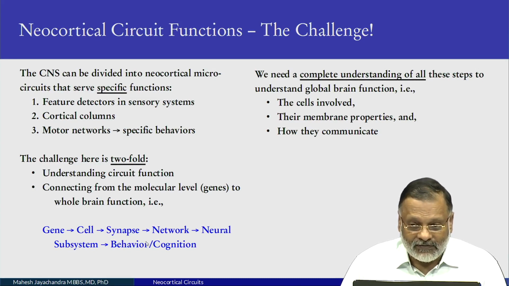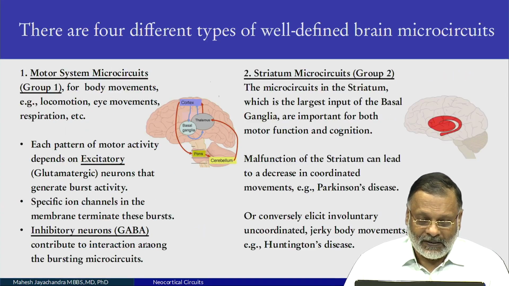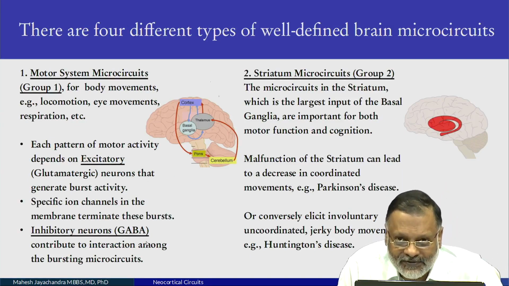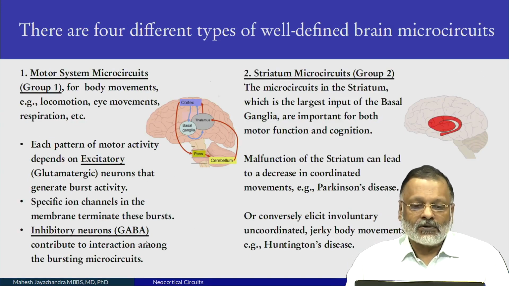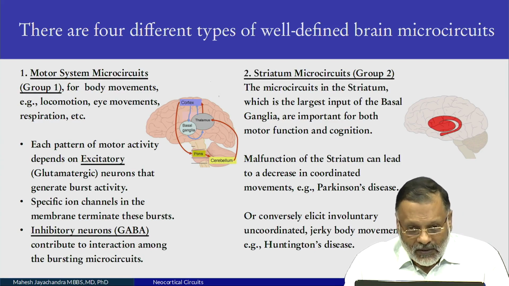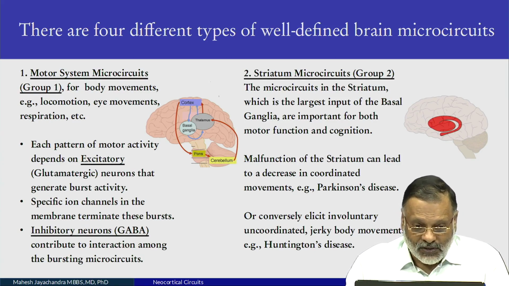So the cells involved, their membrane properties and how they communicate. There are 4 general types of well-defined brain circuits. One is the motor system brain circuits, which as the name indicates control body movement from locomotion to eye movements to involuntary movements such as respiration, movements of the GIT, and so on and so forth.